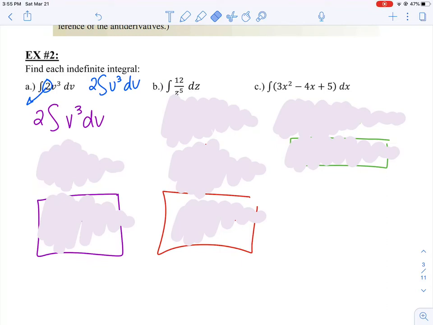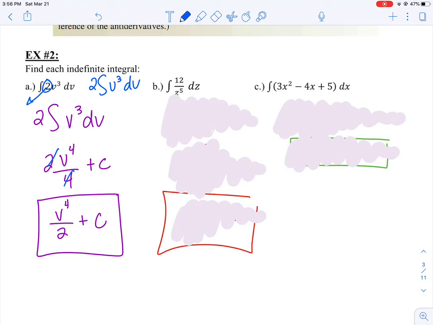And so using our power rule from before, I can add 1 to my exponent and divide by that new exponent. And so I ended up getting v to the 4th over 4. But remember, there's a 2 still there in front of it. And then also remember your constant of integration at the back, plus c. I would reduce the 2 and the 4, and I would end up with an antiderivative of v to the 4th over 2 plus c.